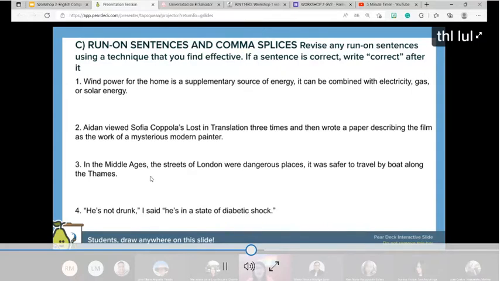We also have another category of sentence errors, which is run-on sentences and comma splices. Okay, so I need a student who can tell me what a run-on sentence is and what a comma splice is.